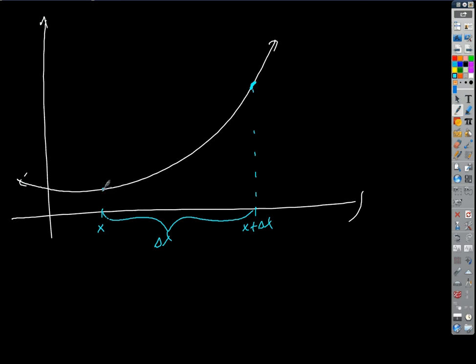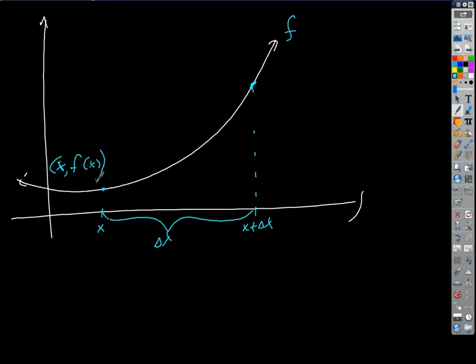So what are the coordinates of this point right here? X. Well, we don't really know a number value, but this is the rule here. I'm just going to call this f using function notation. So this is X and f of X, right?